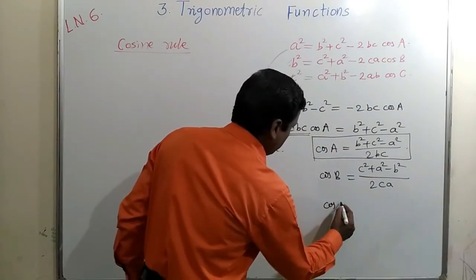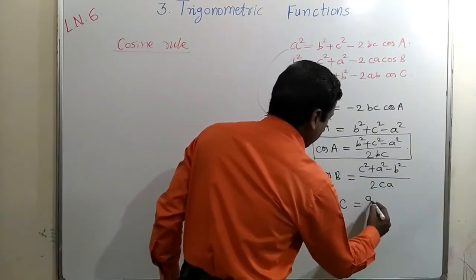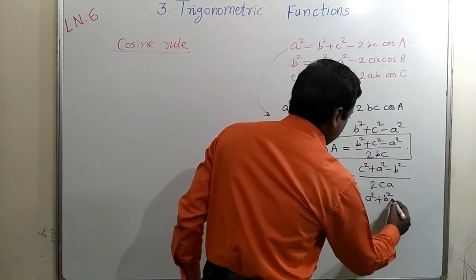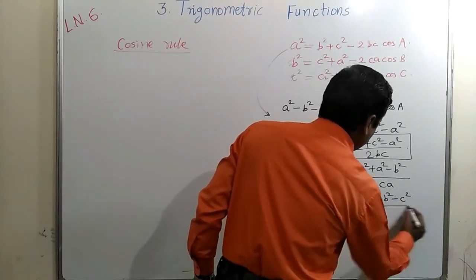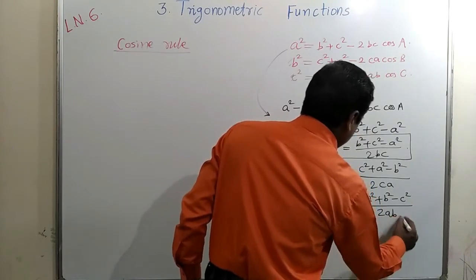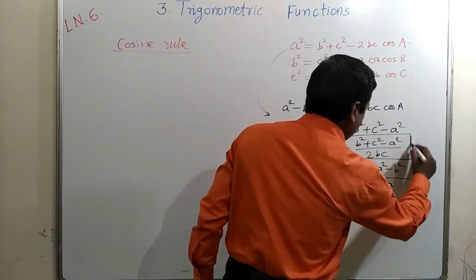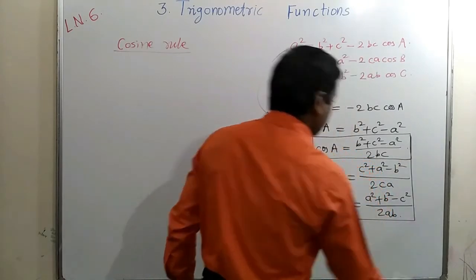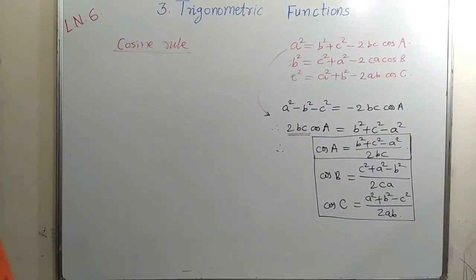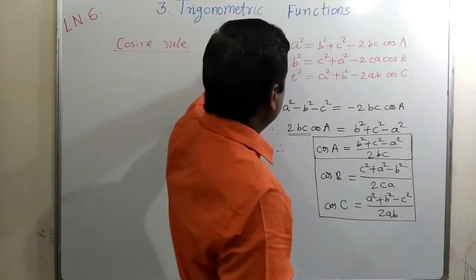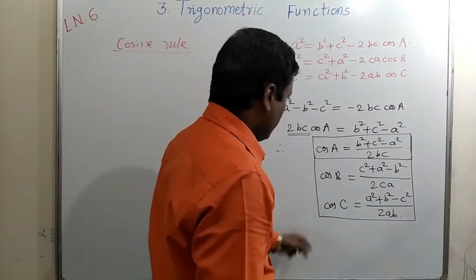And the third result is similar: cos C is equal to A square plus B square minus C square upon twice AB. So these three results are also important and similar. Remember this cosine rule either in this form or in this form.